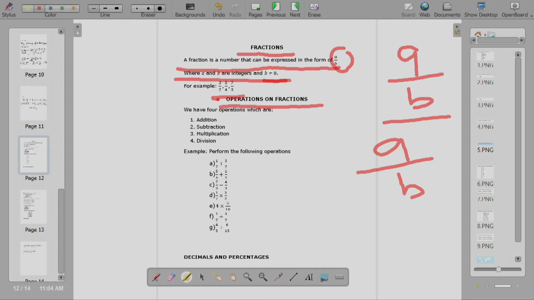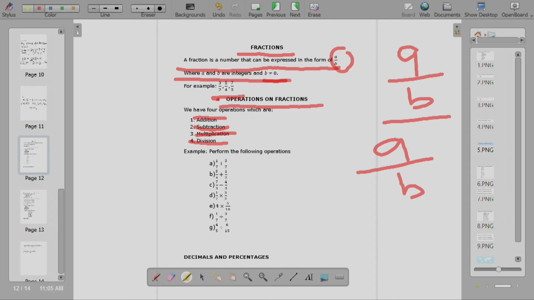In mathematics, we have 4 operations, which are addition, subtraction, multiplication, and division.